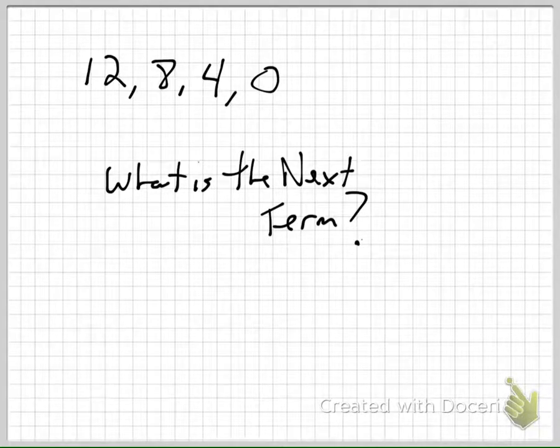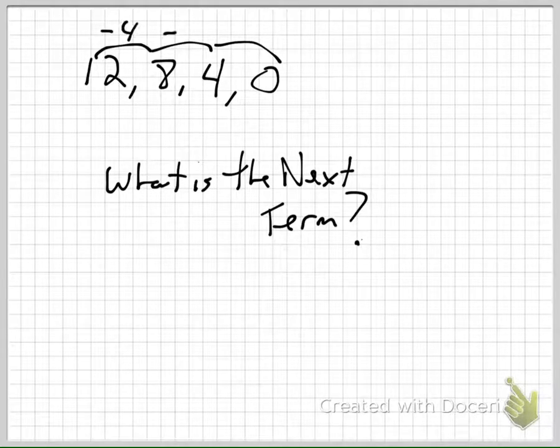In order for there to be a pattern, it has to be arithmetic, right? So before you even start, you've got to make sure that each step is consistent. Minus 4, minus 4, minus 4. It's arithmetic. It's consistent. The common difference is negative 4.